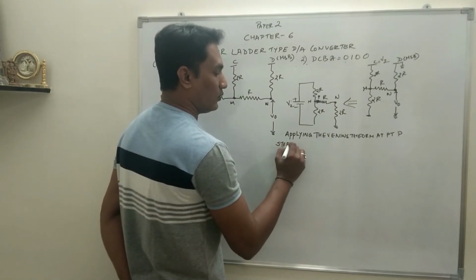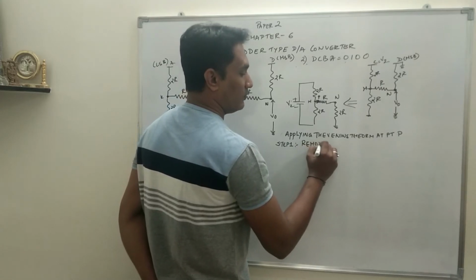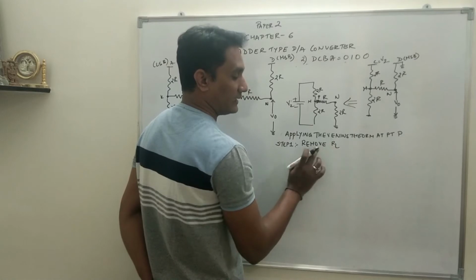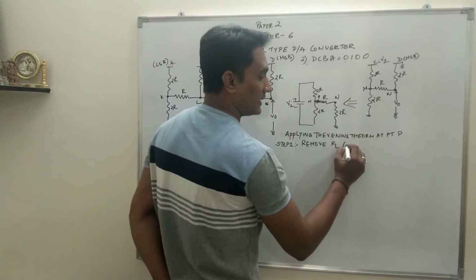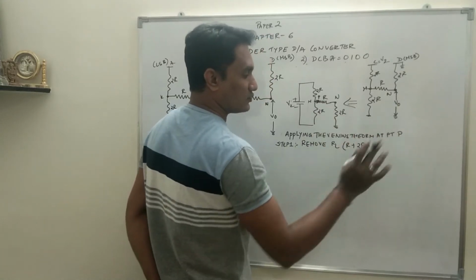Step 1. Remove RL. I will specify it as load resistance, where that load resistance is nothing but R plus 2R. This is the resistance which we will remove.